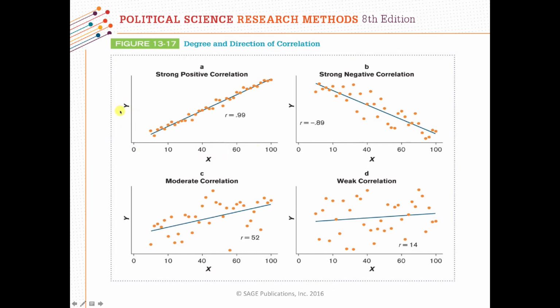So this is some variable that you care about, and this may be the expected presidential percent of the vote for the incumbent party, and this may be GDP or something. As GDP goes up, of course the scale will be different, the expected two-party vote share for the incumbent party goes up as well, and so that's a very strong correlation at 0.99.